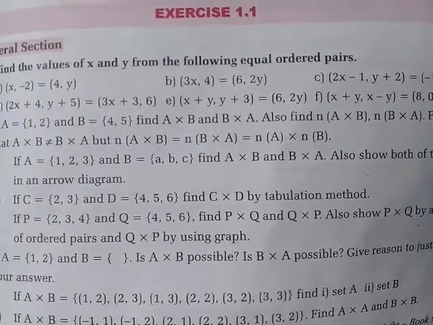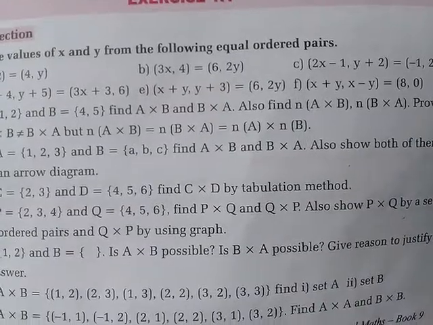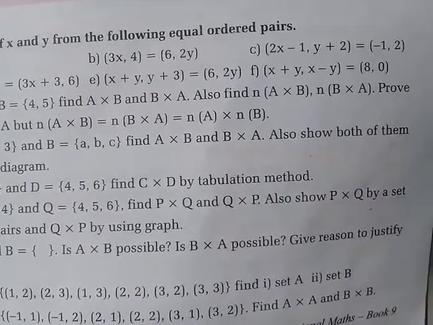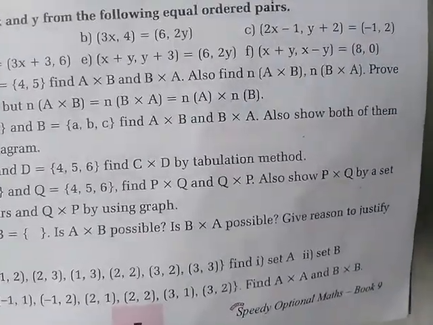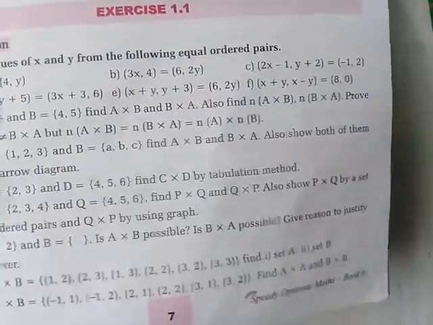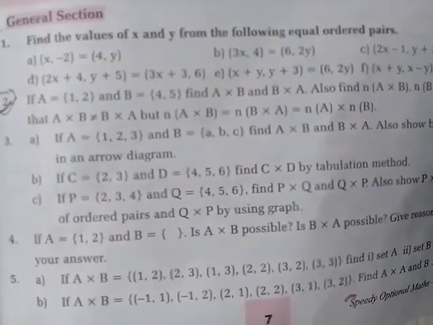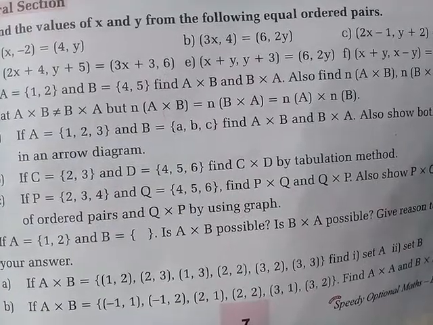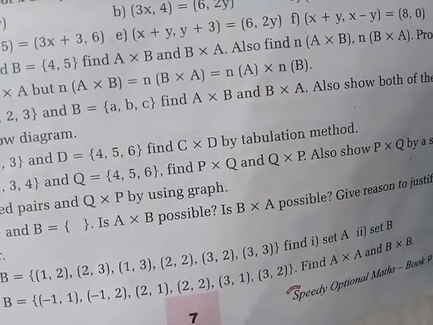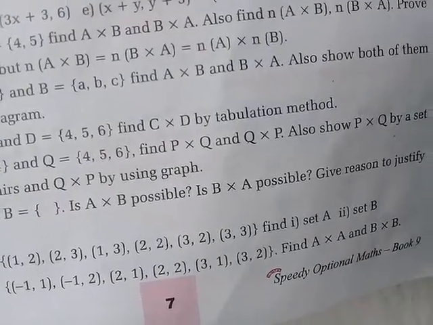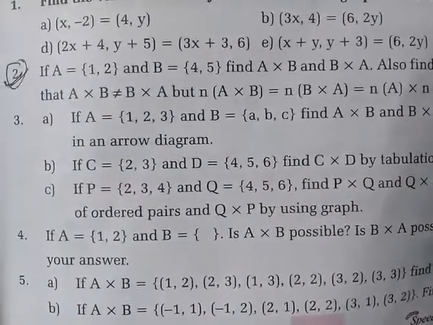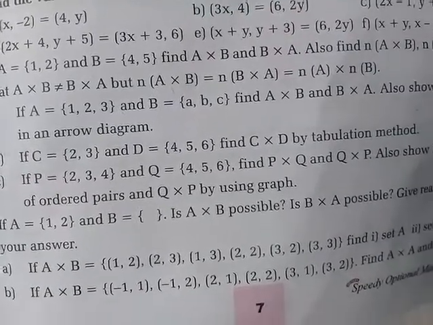Next question: if A is equal to {1, 2} and B is equal to {4, 5}, find A Cartesian product B and B Cartesian product A, also find A intersection B Cartesian product and so on. Prove that A Cartesian B does not equal B Cartesian A. This type of solution I have done in theory, so please see the first video of this.